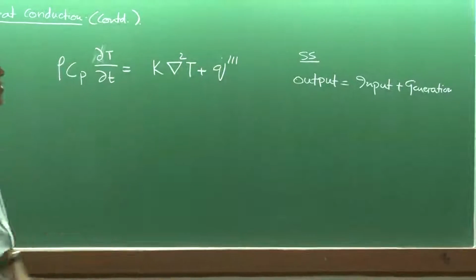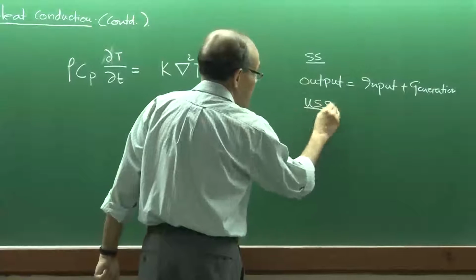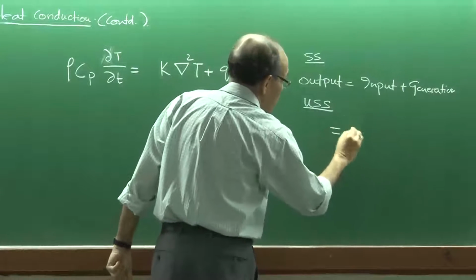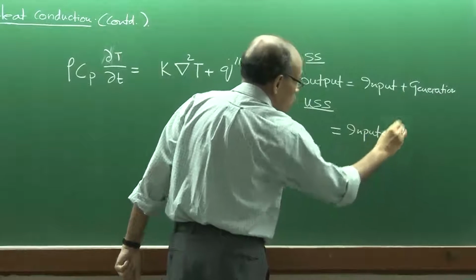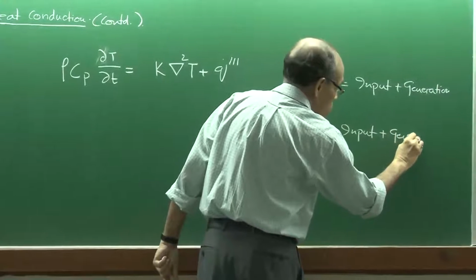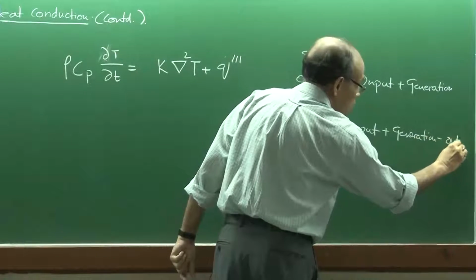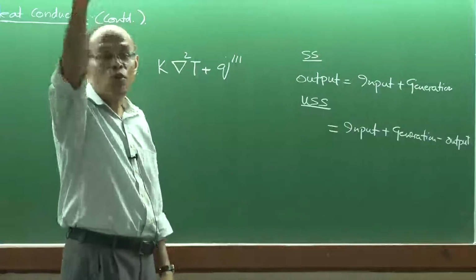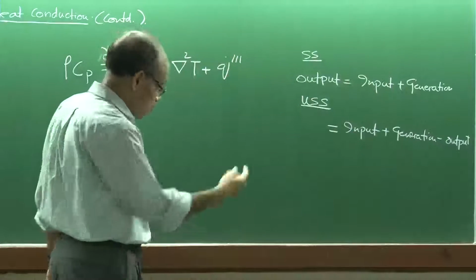But if it changes to an unsteady state, then this statement gets reduced to: input plus generation minus output, and because it is unsteady, the temperature is either going to go down or go up depending on the imbalance between input and output plus generation.